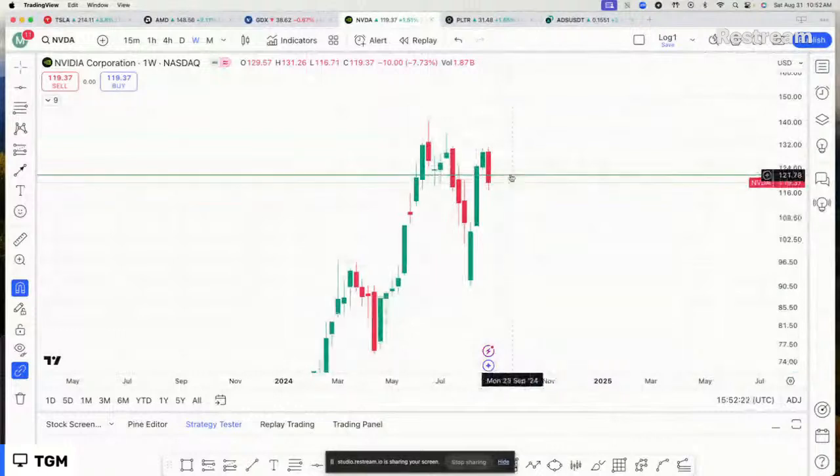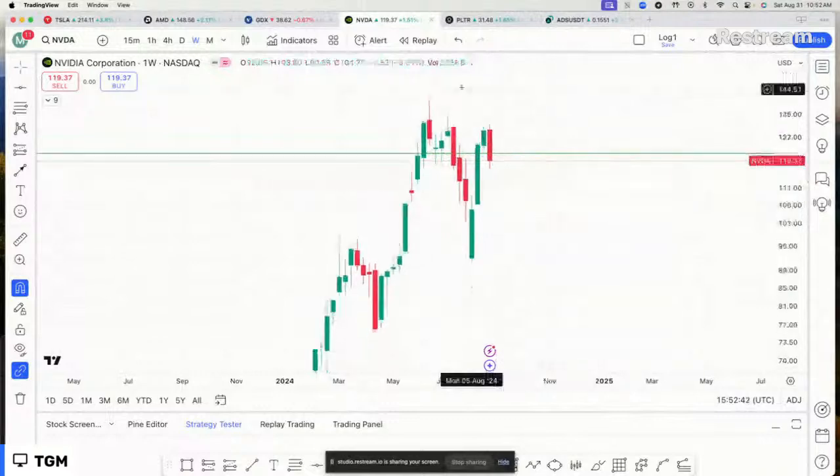It's really been a challenging level to stay above, that 121, maybe 121.50 or so. We'll see what happens in the weeks to come, but I can see that as the resistance point for the future for NVIDIA for maybe the next week or the week after.